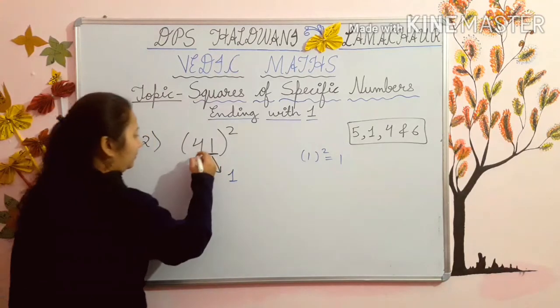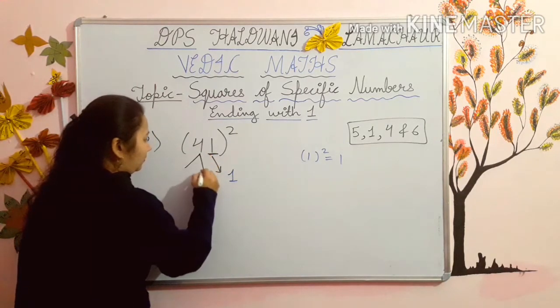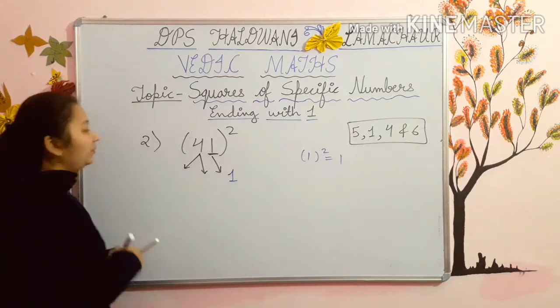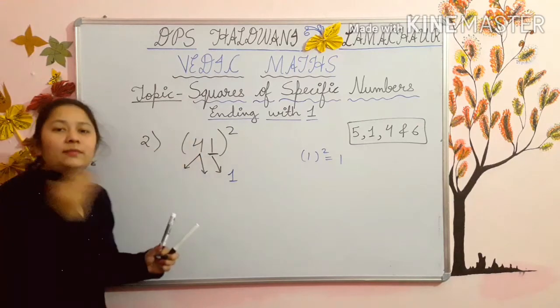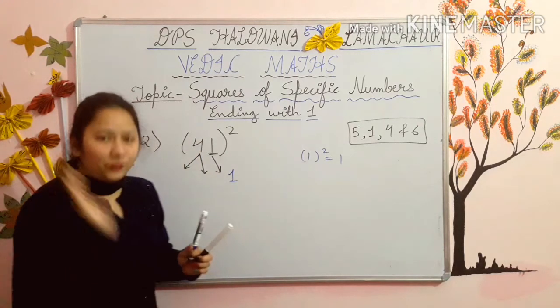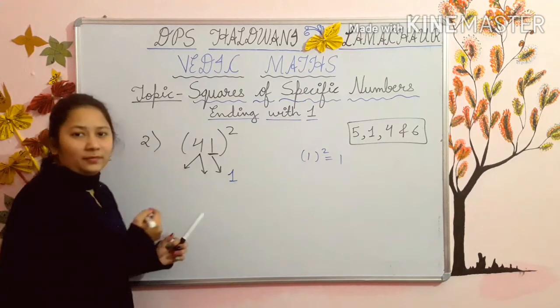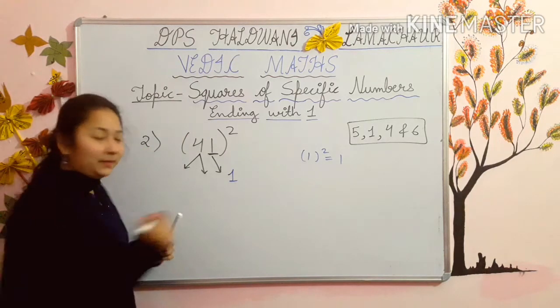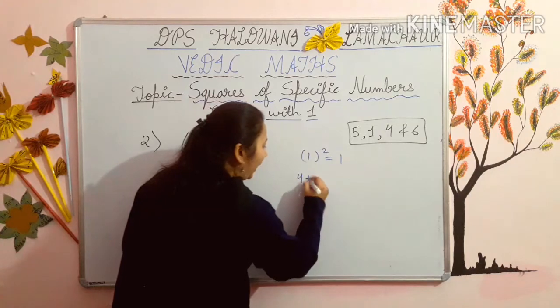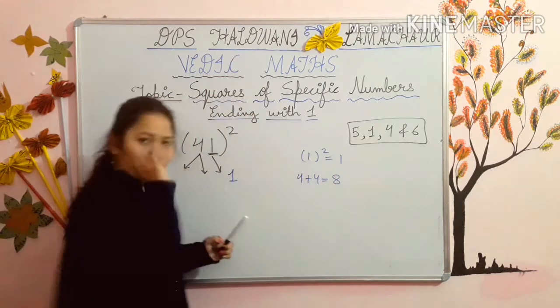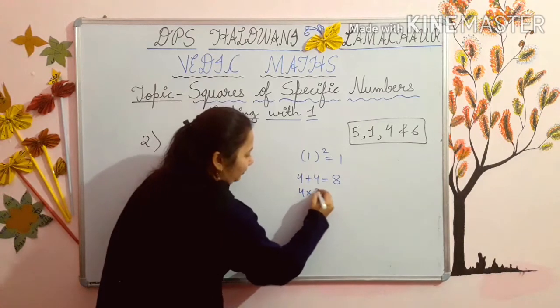Now the next. Always 2. Now the rest part, by removing 1, we get 4. Now first of all, double the 4. What is double 4? Double means either you can add it twice, 4 plus 4, 8, or you can multiply it with 2 also.